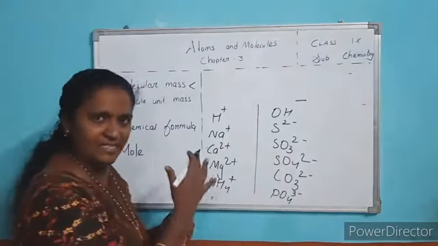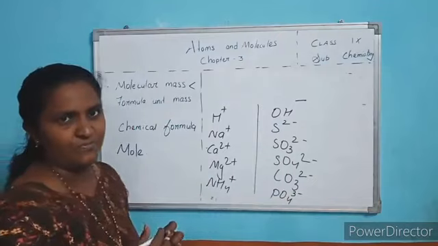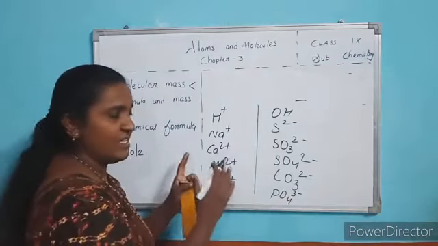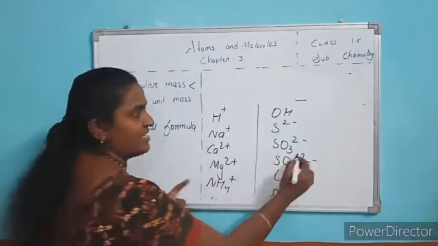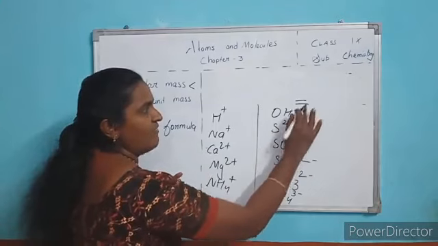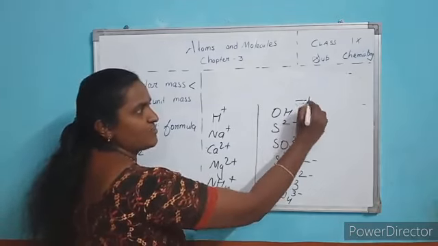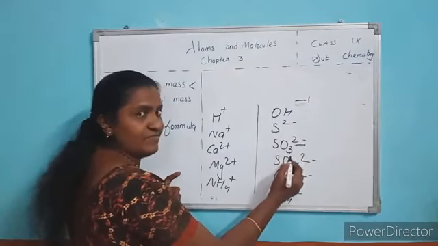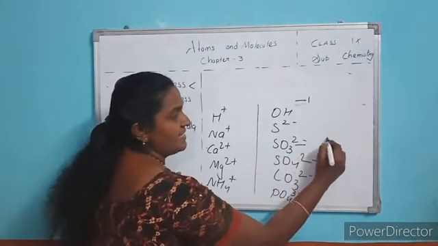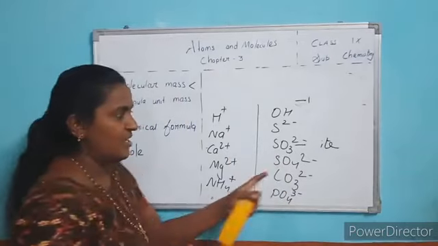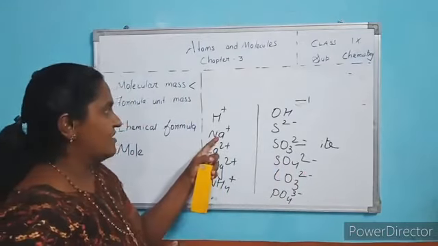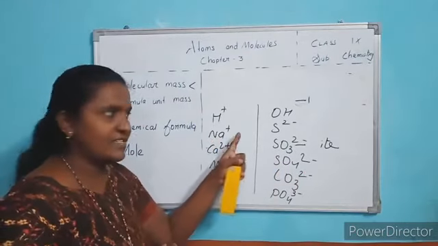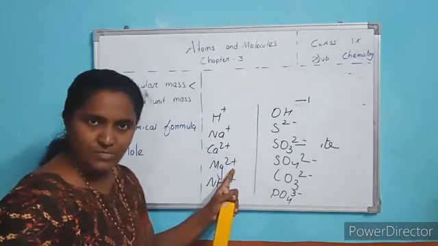These important radicals are given in the textbook, just go through them. Now, if you know these radicals with their valency, the top number is called valency. Hydroxide valency is 1, sulfide valency is 2, sulfite valency is 2, sulfate valency is 2. Same way, sodium metal valency is 1, magnesium valency is 2.